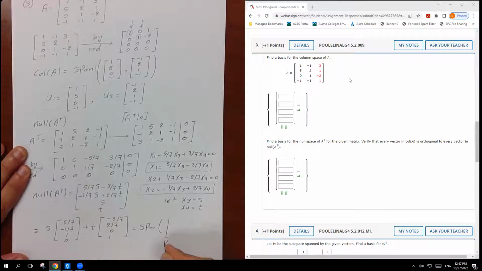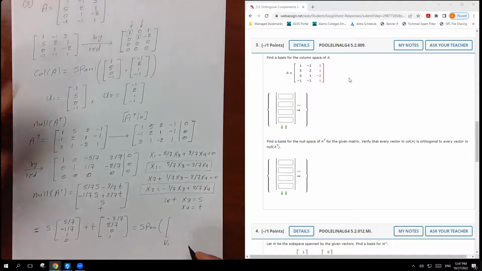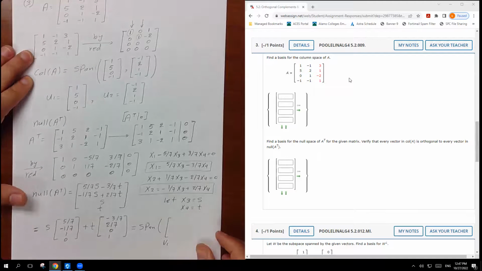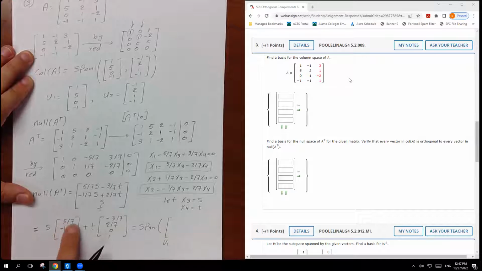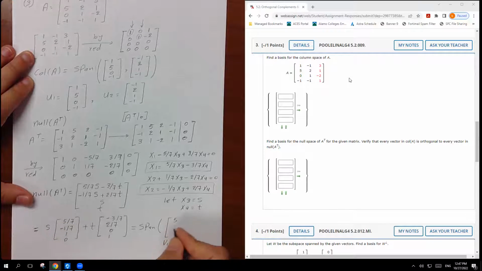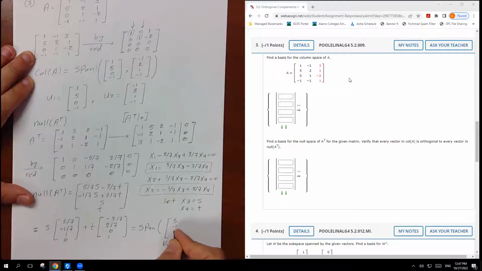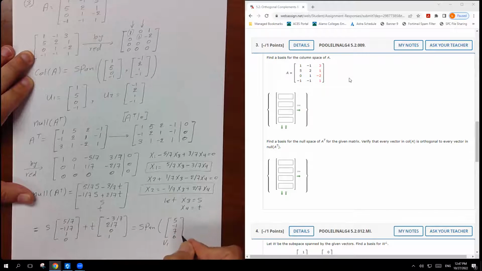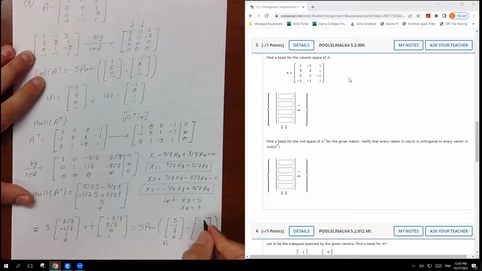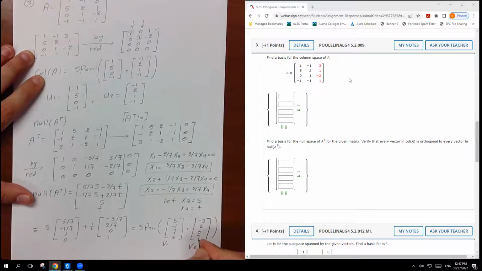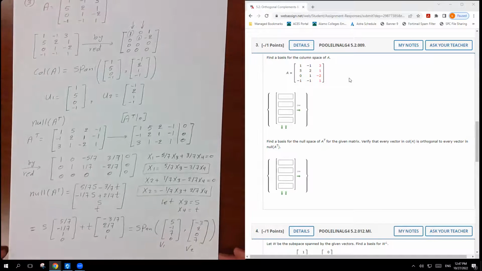I'm going to say this is V1. When I multiply everything here by 7, it's going to be 5, negative 1, 7, and 0. Or you can keep it as a fraction, it's up to you. And V2, the second vector, multiplied by 7, is negative 3, 2, 0, 7. So here is V1 and here is V2.